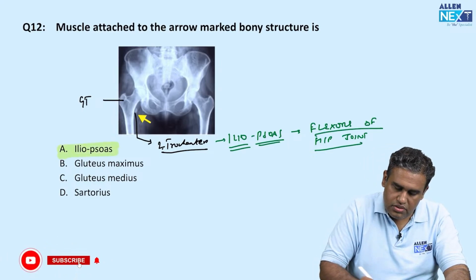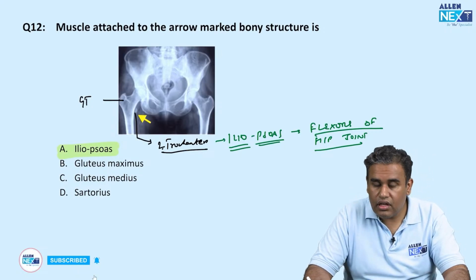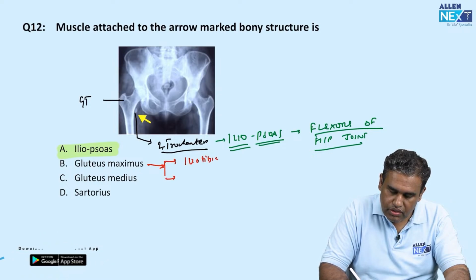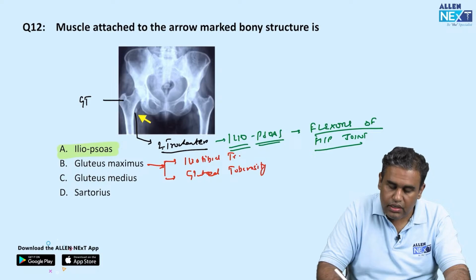If you look at the other options, the gluteus maximus is attached to two places: three-fourths of it goes to the iliotibial tract, and one-fourth goes to the gluteal tuberosity, which is present on the posterior aspect of the femur.